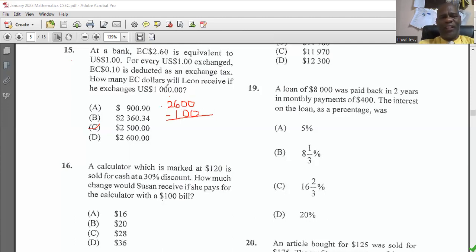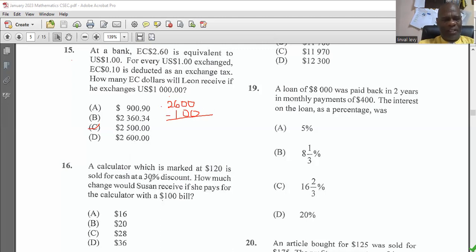So it would be 1,000 times 10 cents, which will give you $100. You take that $100 out of the 2,600. Just like if you're buying something and they're charging GCT, you would add GCT, right? Or your VAT. Okay, so your answer here is C.